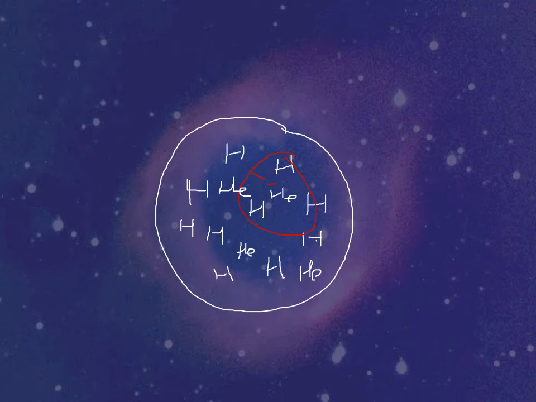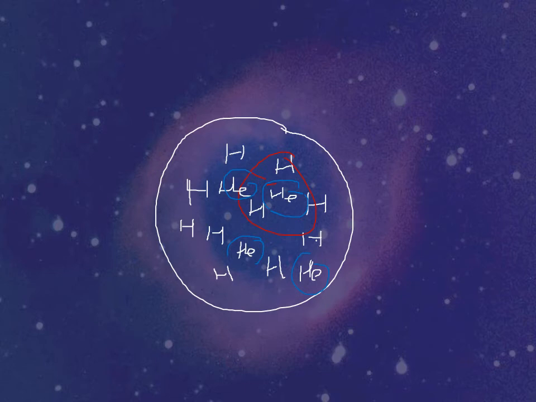Now, here's the problem. All of the surplus heliums that are in there are getting in the way. They're not part of the fusion process. They're just getting in the way, and that's keeping the hydrogens from bumping into each other and fusing. Now, we talked about how in the core of the sun, there's like a thermostat.